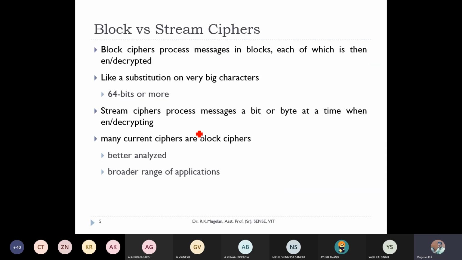Generally speaking, most modern day cryptographic techniques, about 90% of them, go for block ciphers. The minimal block size used by modern day cryptographic techniques is 64 bits or more. Whereas in a stream cipher, messages are processed in terms of bits and bytes, that is, only one bit or one byte is processed at a time.